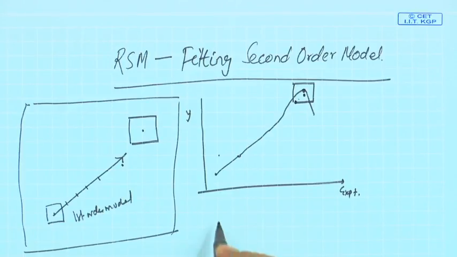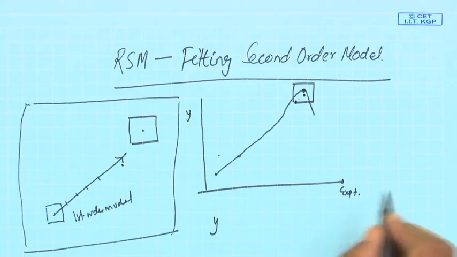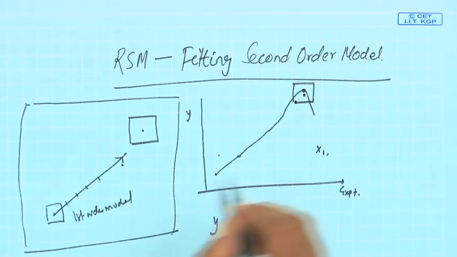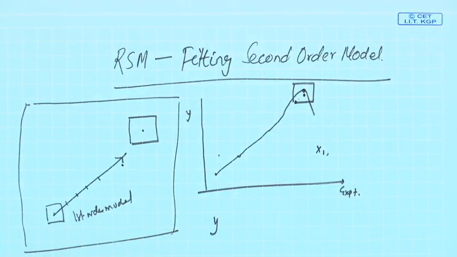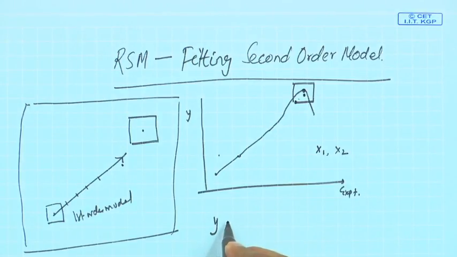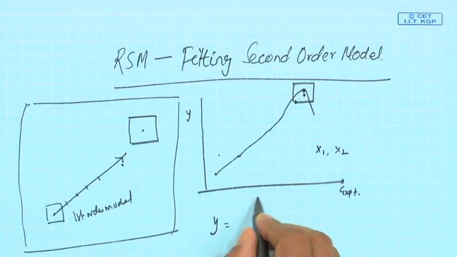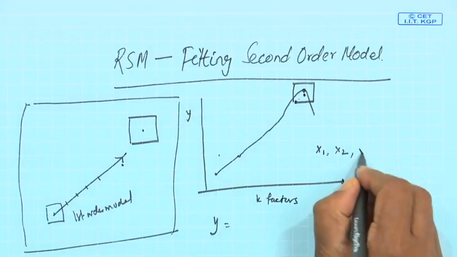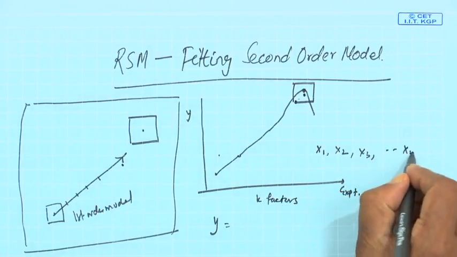Considering the same example where we have two independent variables or factors x1 and x2, we have already explained the first order model. Now, let us do the general one. Suppose that we have k factors, x1, x2, x3, up to xk.